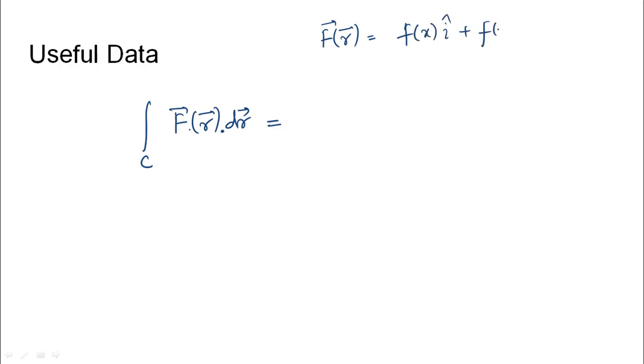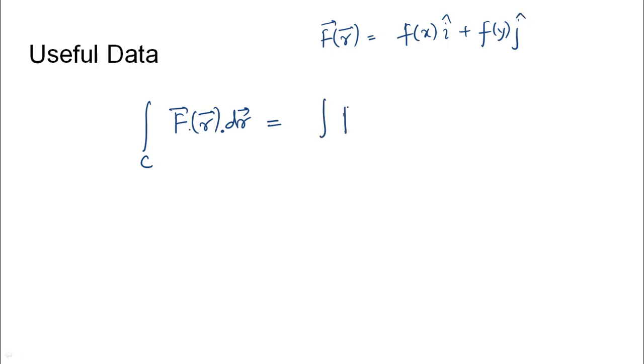When we want to evaluate the integral of a function F of r vector dr vector, taken as a dot product, let us assume that F(r) vector is of the form Fx i cap plus Fy j cap.